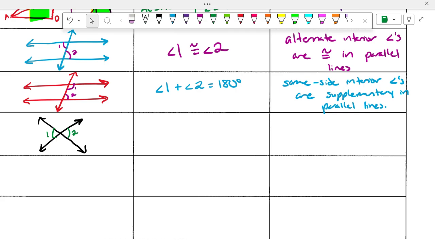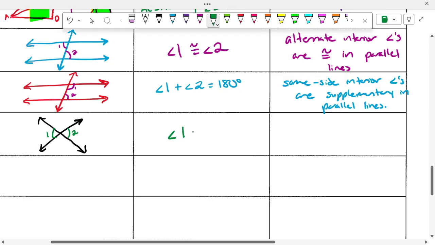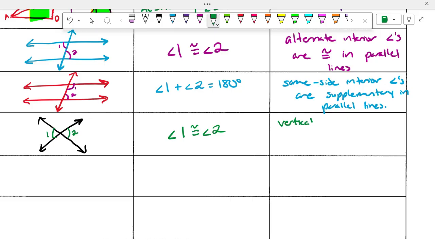What's their relationship to each other? They're not adjacent. They're congruent because they're opposite each other. But what's the official name for them? What are these two angles called? Starts with a V. Vertical angles. Good. So we would say that vertical angles are congruent.